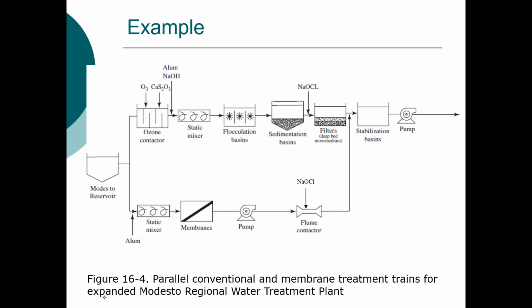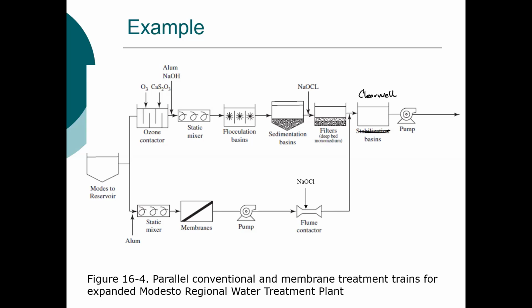They've got a mixer, so they've got rapid mixing, flocculation, sedimentation. They disinfect with sodium hypochlorite before the filters. They call it on here a stabilization basin. Really, this is a clear well. And then pumps.